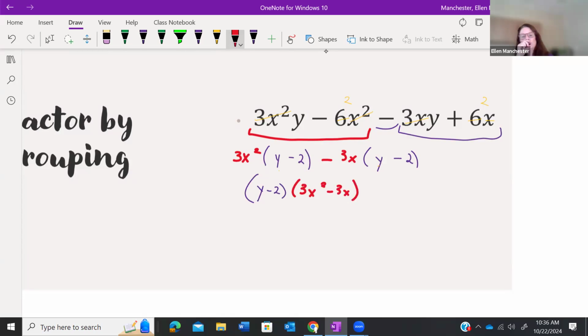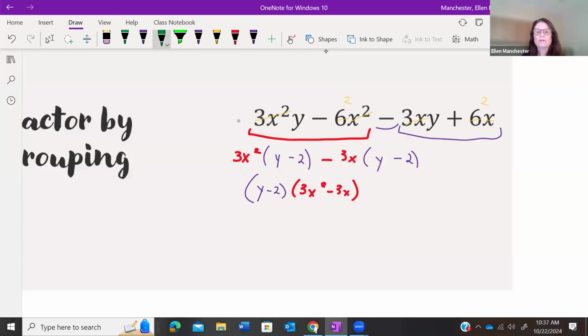All right, so here's one that has a little bit of a twist to it. Most people don't pick up on this right away. When I write 3x squared minus 3x, I notice that there's a 3x in common, right? So I can factor the 3x out again. I can do another greatest common factor out of here.